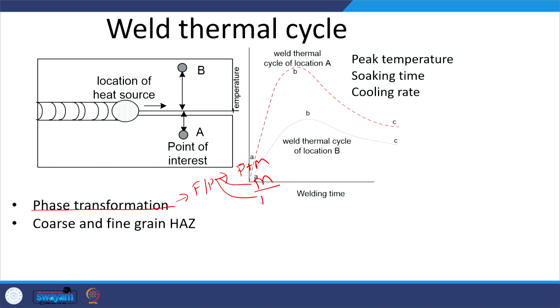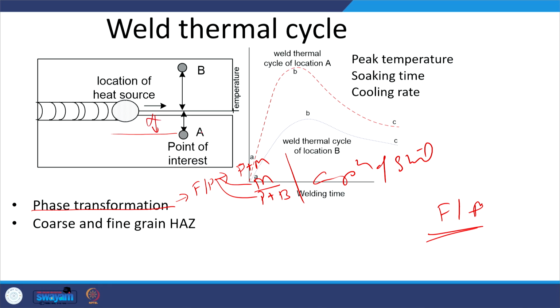Your simple ferrite and pearlite may convert into pearlite and martensite, or completely martensite, or a mixture of pearlite and bainite, depending upon the composition of the steel or ferrous system in consideration. So, it can experience a lot of changes, but the unaffected base metal may simply have ferrite and pearlite only. The phase formation in the heat affected zone depends upon the weld thermal cycle, WTC, and the composition of the metal itself.